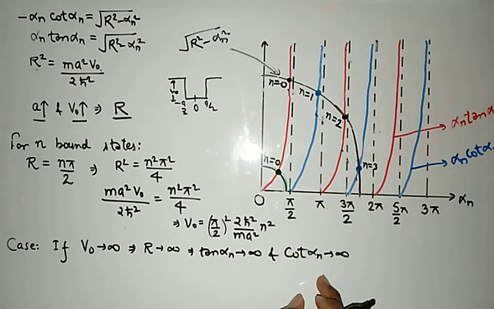So we get asymptotes at alpha n is equal to n pi by 2.